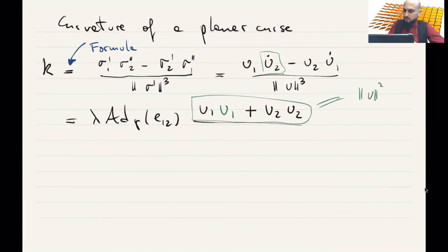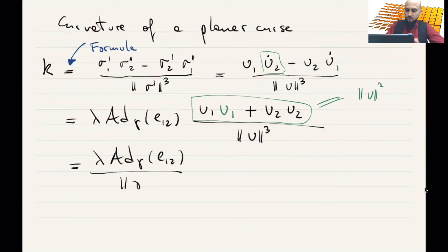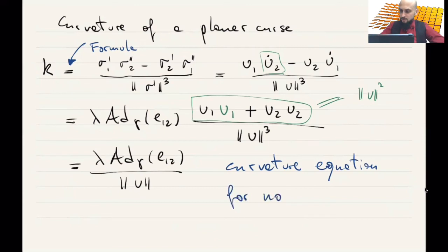Let's not forget the denominator. So what we have is lambda ad gamma e12 divided by norm of u. This equation is called the curvature equation for normal curves.